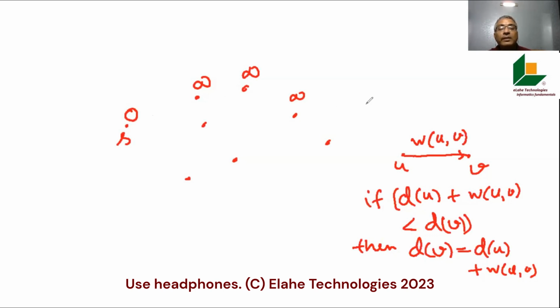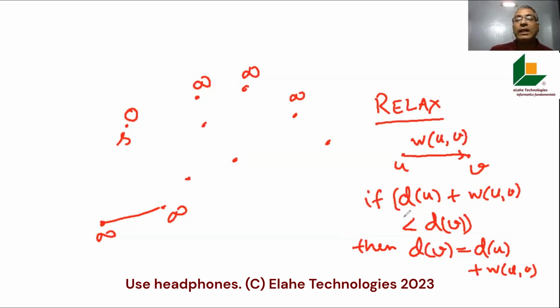If I apply the relax operation on an edge going from a vertex with a d value of infinity to another vertex with a d value of infinity, what happens? Nothing. This if condition is not satisfied, and therefore nothing happens. If I apply the relax operation on an edge which has a d value of infinity at either end, nothing happens. No d values are changed.